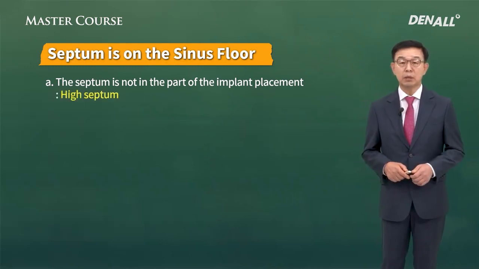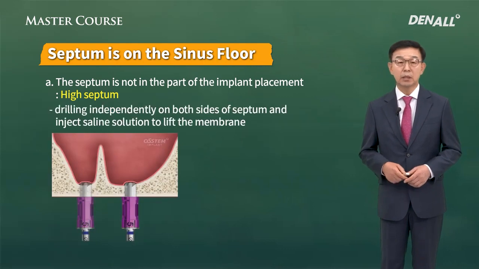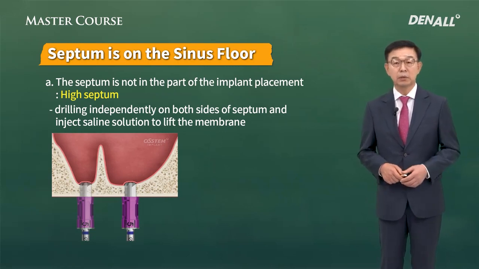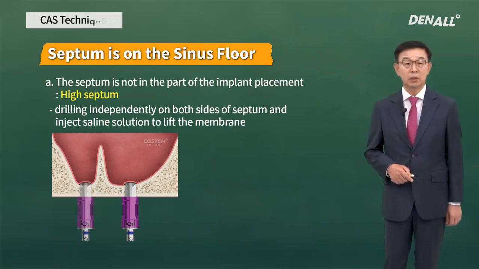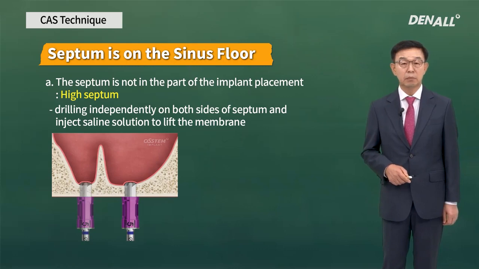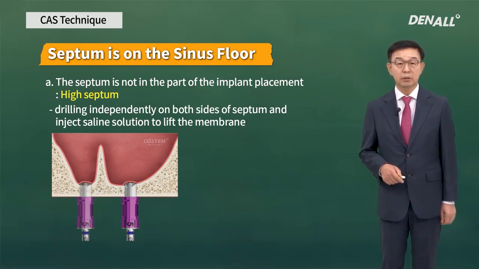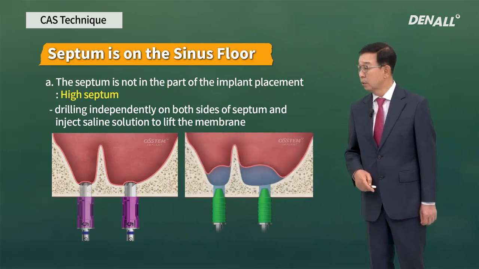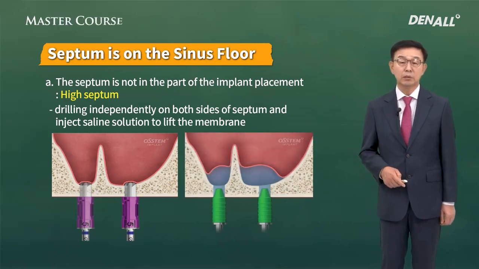If it is fairly high, you can just think of it separately, use the CAS drill technique that was explained, and do the drilling. Use CAS in front and back of the septum and do hydrolift and place the implant. You can place the implant in a very simple manner.